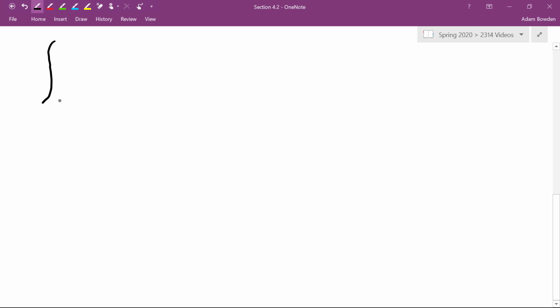So before we go any further, let me just go through a little bit more about this notation. So this kind of looks like an elongated S, stands for integral.